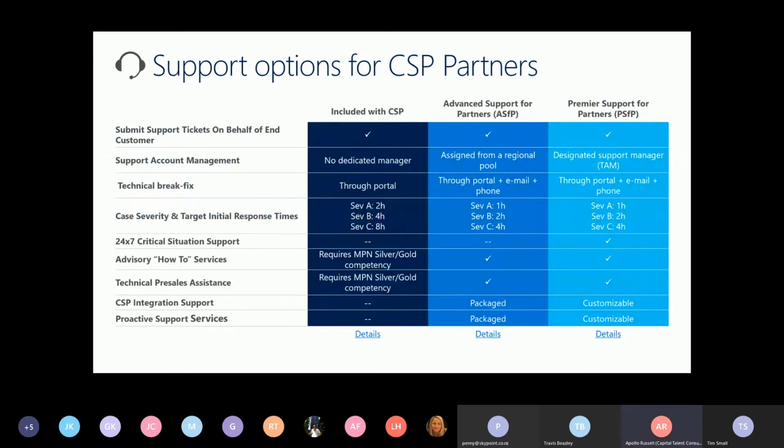Here are the support options for CSP partners. What's included on the left here is what you'd get for running an Azure CSP subscription through Exeed. You don't get a support account manager, but I guess you could say that I am your account manager. I want you to succeed as a partner. I understand Azure is a bit of a beast.